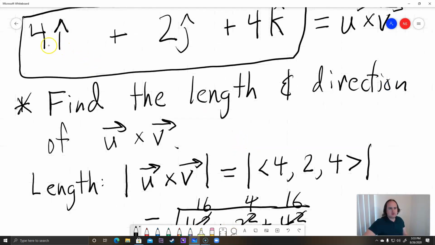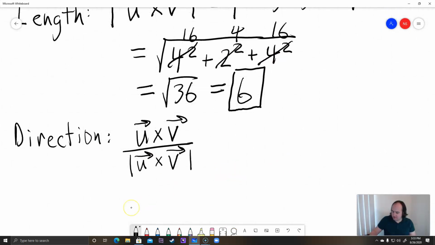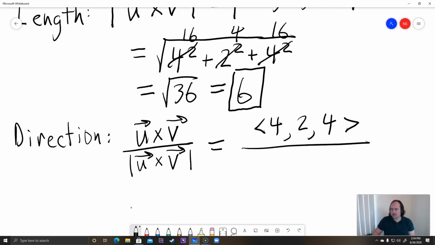So we know that u cross v is going to be 4, 2, 4. So we can write that in for the numerator, 4, 2, 4. And then in the denominator, we just calculated the length. We already know that the length is 6. So we're just going to be dividing everything by 6.